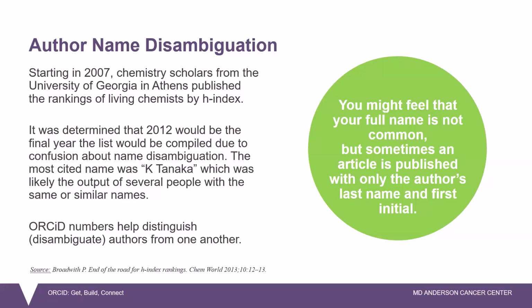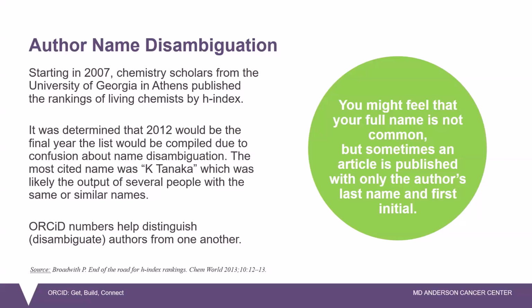They had to stop producing this list because the person consistently getting the top spot had the name K Tanaka, and it required a lot of additional research to establish that this was probably more than one person just within chemistry.